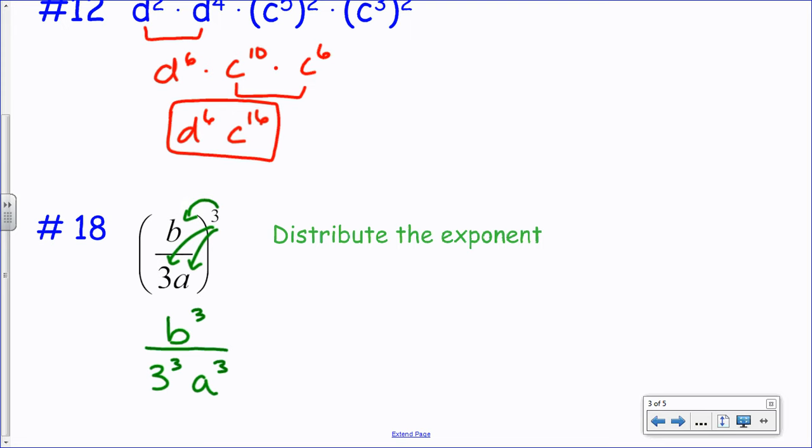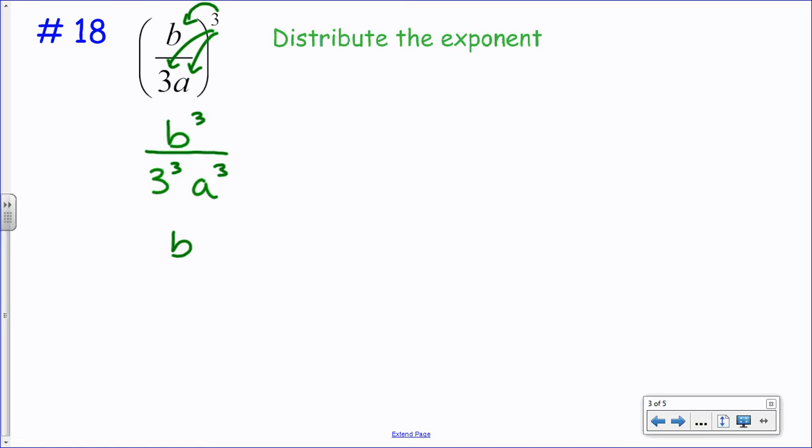Do you have any common bases? No. Any negative exponents? No, so you're basically done, except take care of your regular numbers. 3 to the 3rd, you can go ahead and evaluate that. Three to the 3rd is 27.